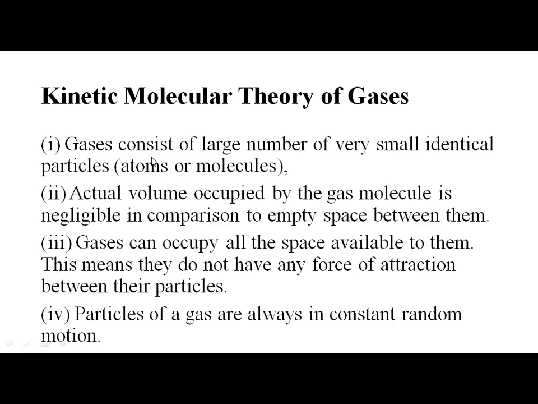The theory says gases consist of a large number of very small identical particles called atoms or molecules. Every gas you consider consists of a large number of small particles, and they are called molecules. Further, the theory says they are moving with very high velocities in all possible directions.